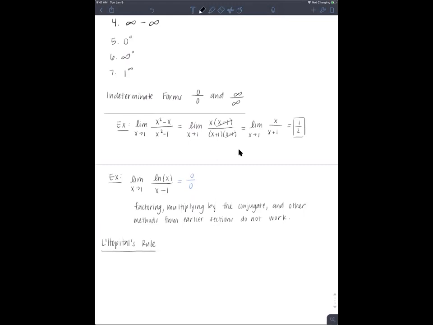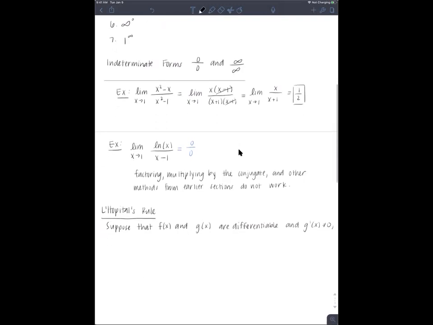So L'Hopital's rule says, suppose that f of x and g of x are differentiable and g prime of x does not equal 0. Okay, so not a comma, but a period.